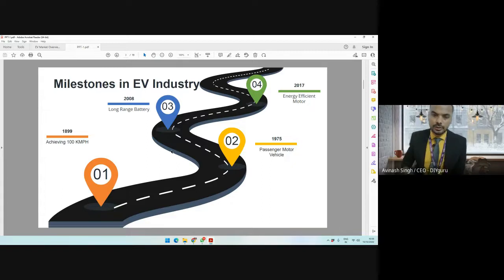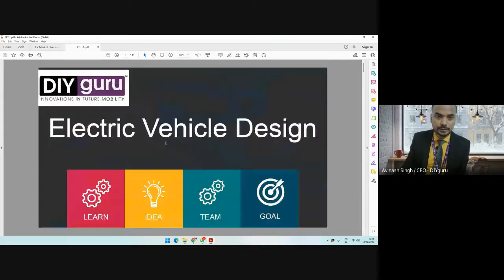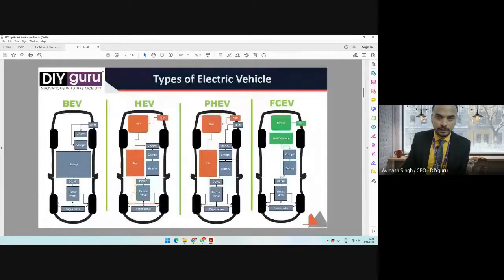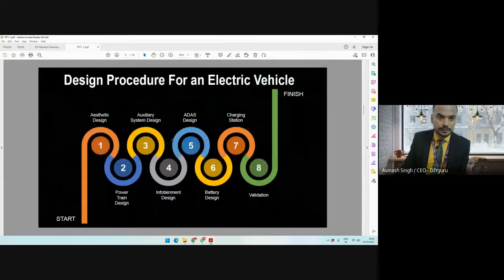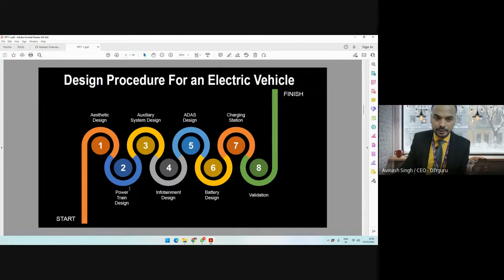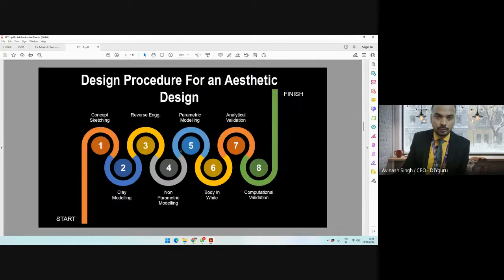So to just recap a bit on the last part, we were covering electric vehicle design, types of electric vehicle, then what is the design procedure, what are the fundamental stages through which you have to go if you want to do a virtual prototype design for an electric vehicle. What would be the design procedure in terms of aesthetics design?